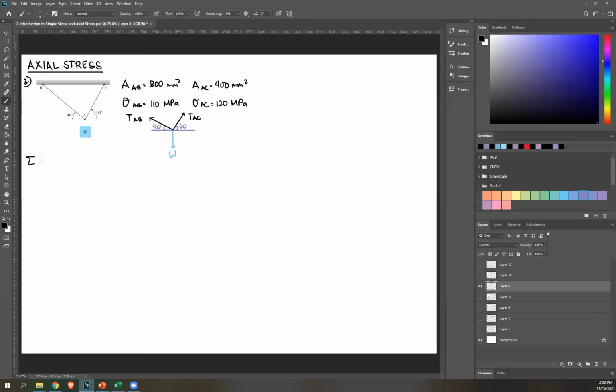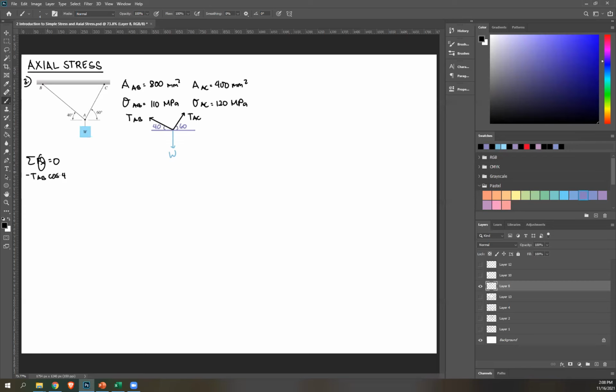Let's start with the summation of forces in X, our equilibrium equation. PAB is to the left, so negative PAB. To get its horizontal component, multiply by cosine theta. Theta is 40, so cosine 40. Remember from your statics, if the angle is given from the x-axis, the horizontal component is cosine, the vertical component is sine.